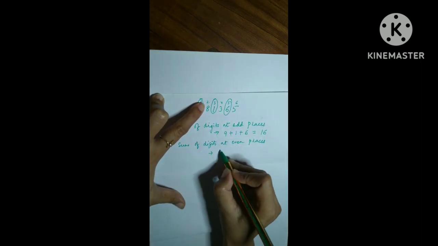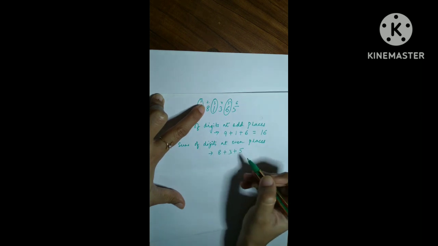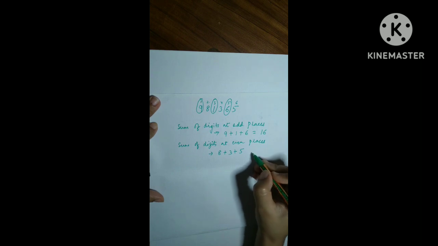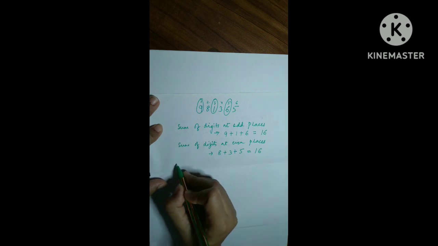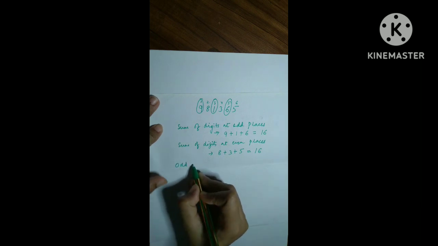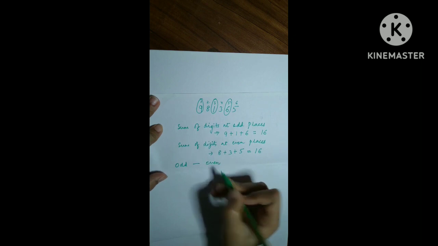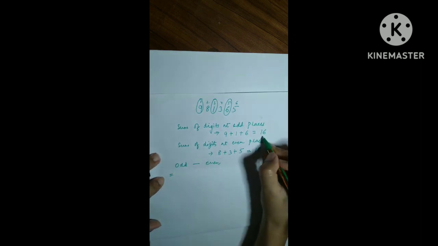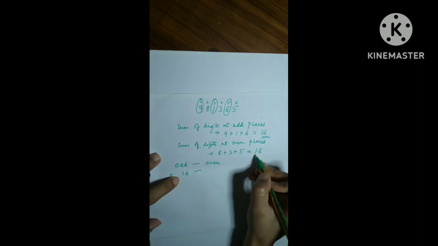So numbers are 8, 3, 5. 16. So it says sum of the odd places minus sum of the digits in the even places. Odd is 16 minus even is 16.